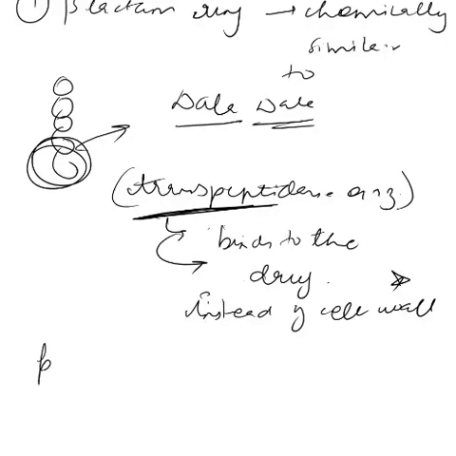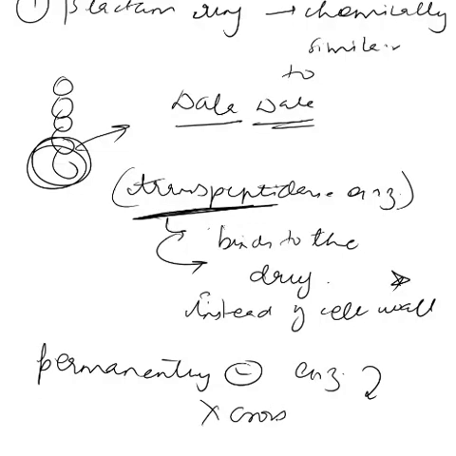This will permanently inhibit the enzyme and inhibit the cross linking. So this is how beta-lactam drugs act.